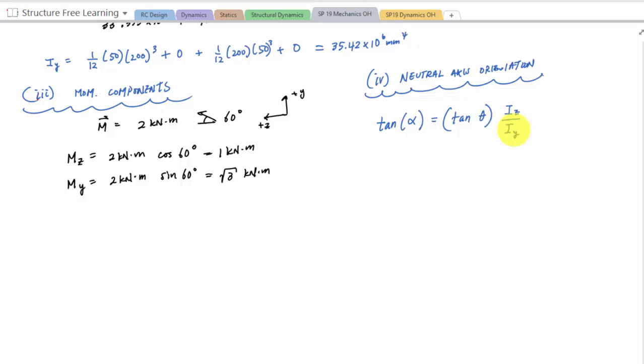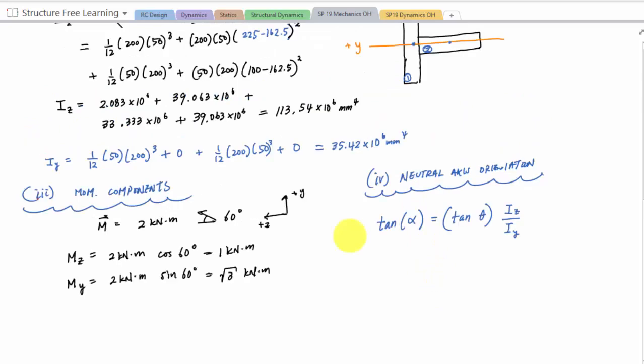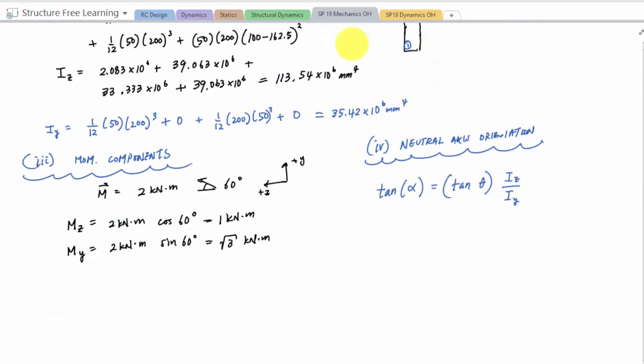Another thing to remember was positive theta and positive alpha. If this is my z direction and this is my y direction, the positive angle was going this way, from z towards y. I can agree with that.